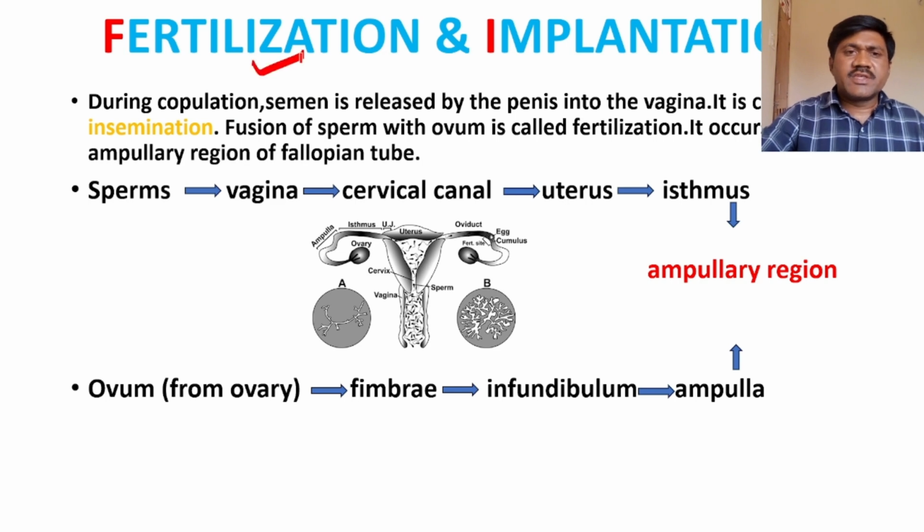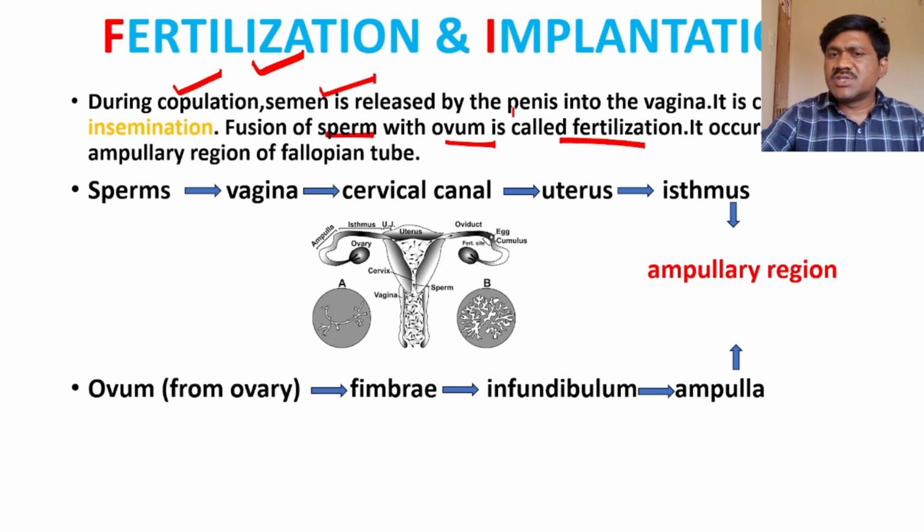What is fertilization? First of all, we have to understand. Fusion of a sperm cell with an ovum is called fertilization. During copulation, semen is released by the penis into the vagina. This process of releasing semen in the vagina is called insemination.